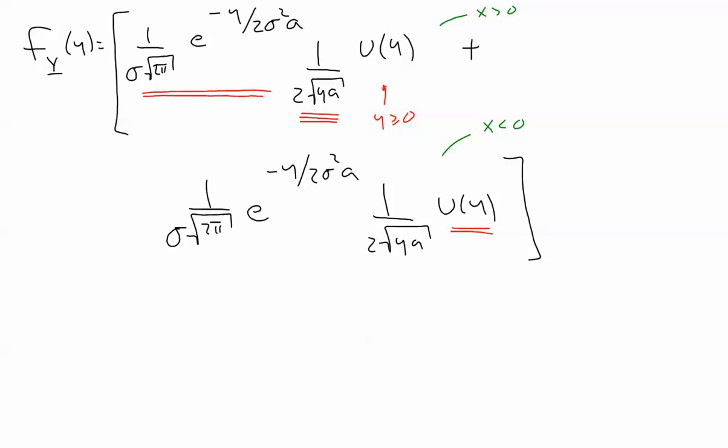Due to the squaring in the exponential and due to the symmetry of the zero mean Gaussian and the symmetry of the transformation function itself, the transformations over each of the two monotonic regions, the increasing region and the decreasing region, end up being identical. I still add them up. Okay? And we can simplify this a bit.